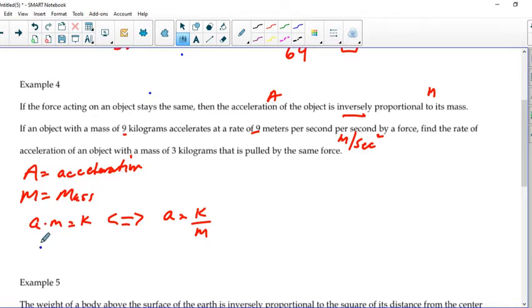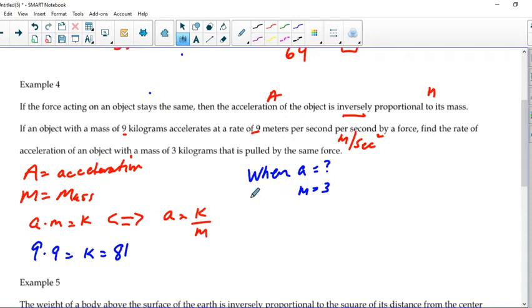So we know that the acceleration is 9 and the mass was 9. So that's going to give me a K of 81. Okay. Now we say, what's the acceleration when the mass is 3?